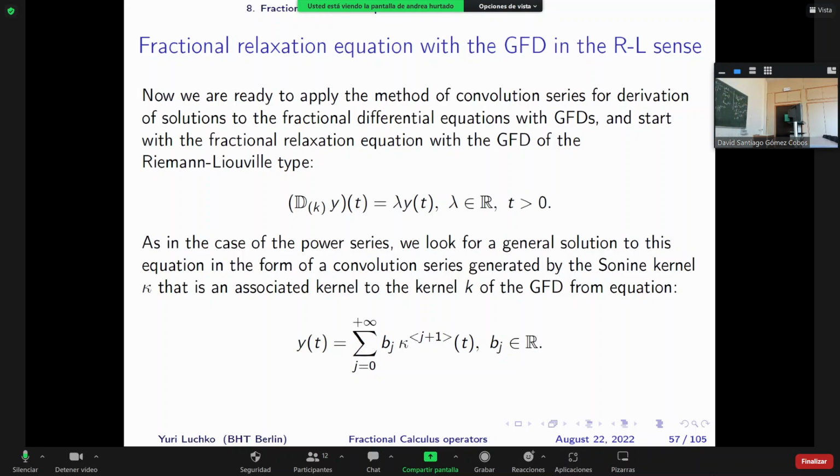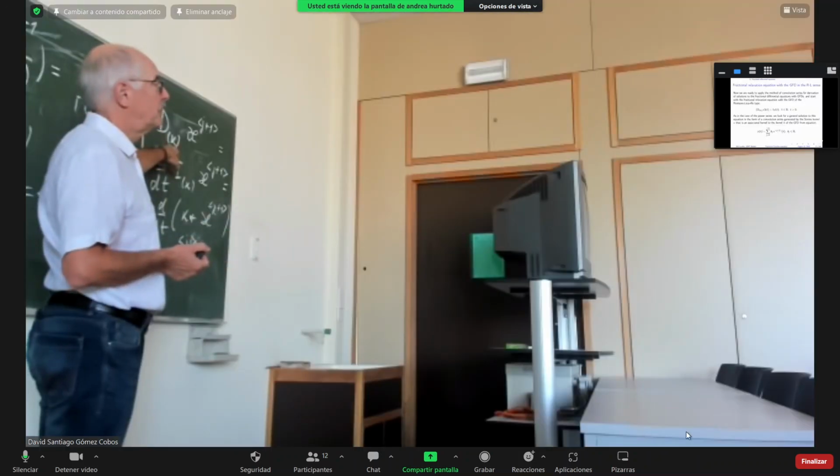And then we proceed very clearly. We substitute this representation into the equation. Then we use the properties of the convolution series, and in particular we can apply the derivative term by term.